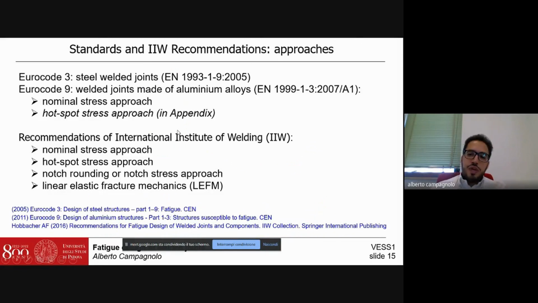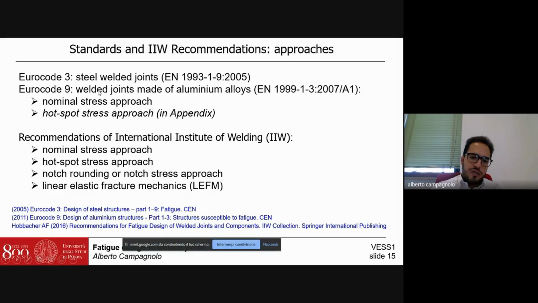After having introduced the different approaches, a few words about the international standards and recommendations. The Eurocode 3 for steel joints, and Eurocode 9 for joints made of aluminum alloys, suggest only 2 of the previous approaches.